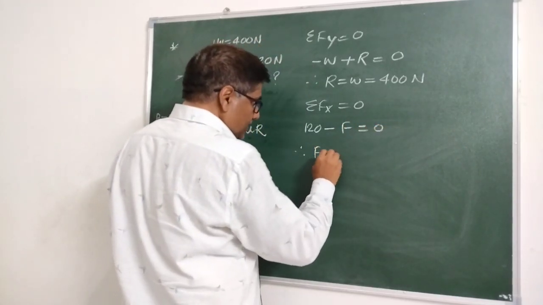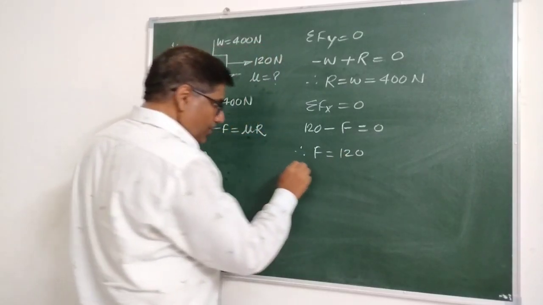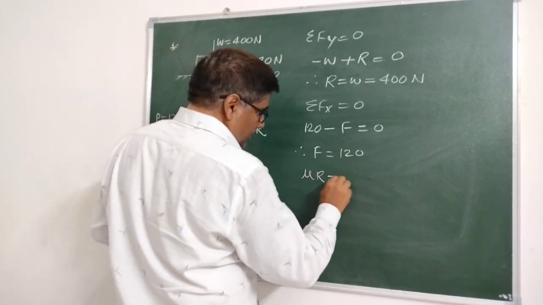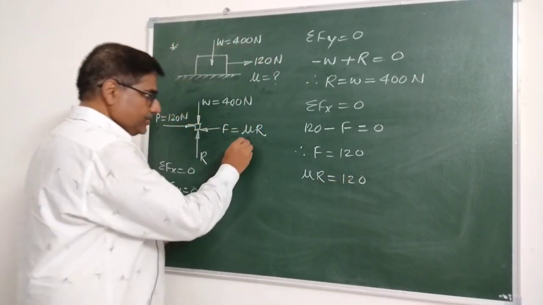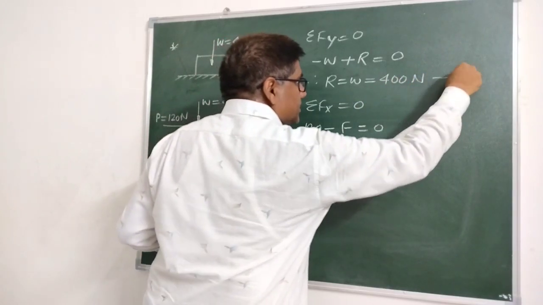Therefore F is equal to 120, and value of F is equal to mu R is equal to 120. Say this is equation 1.